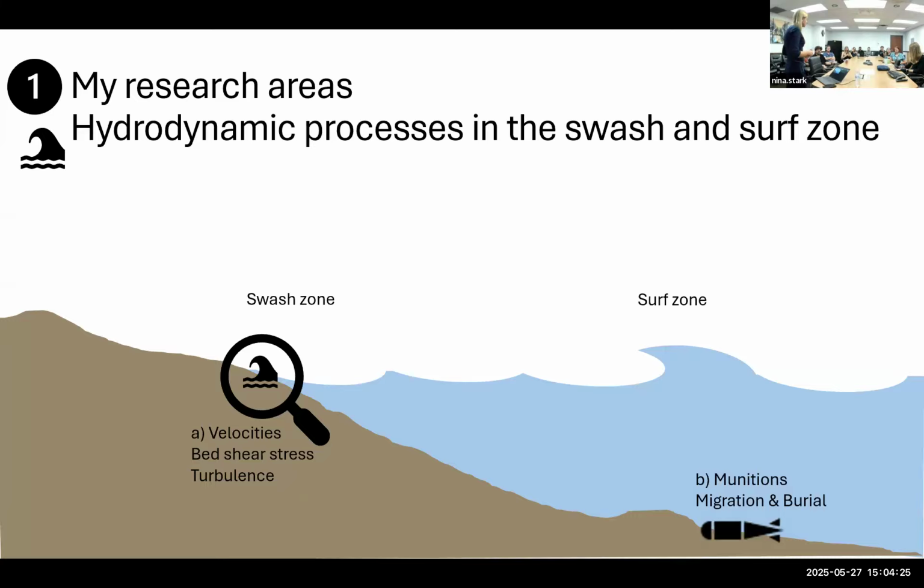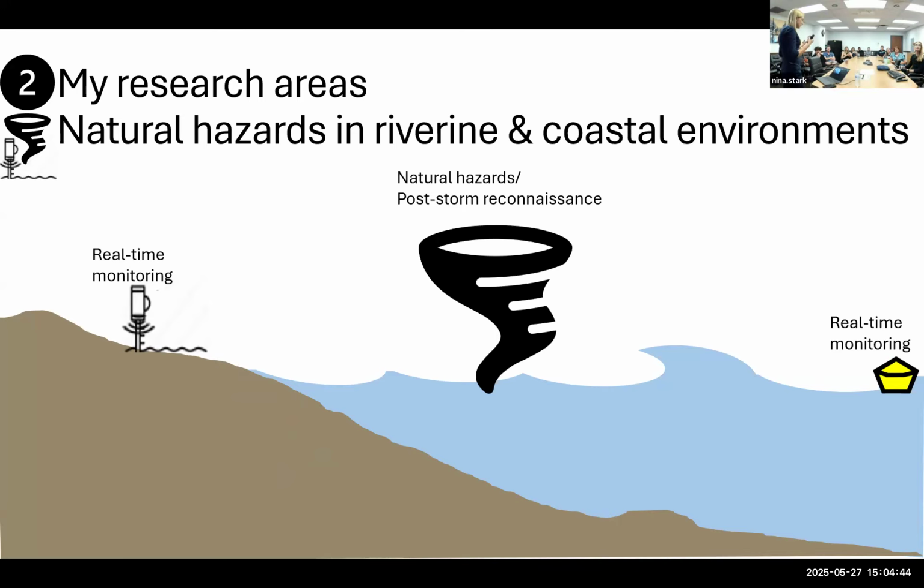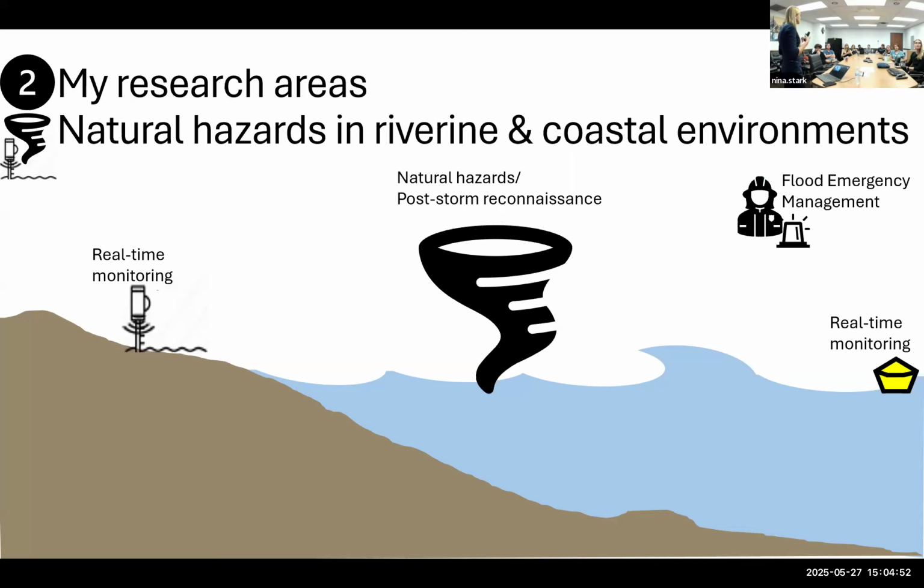I focus on velocities, wall shear stress and turbulence, as well as munitions migration and burial. My second main research area is natural hazards in riverine and coastal environments. It's about real-time monitoring, post-storm reconnaissance and rapid assessment of areas, and flood emergency management and operational management.